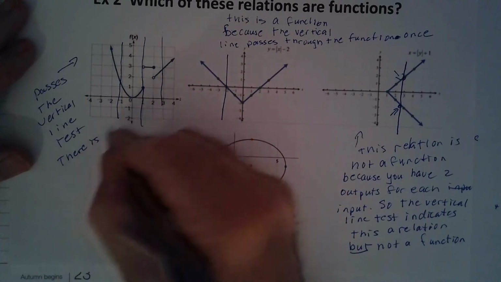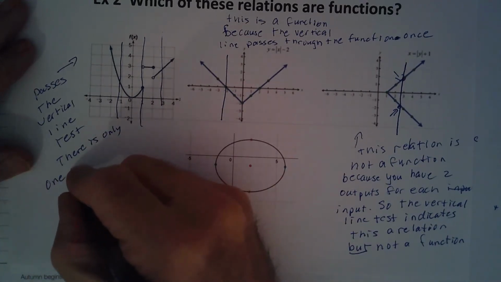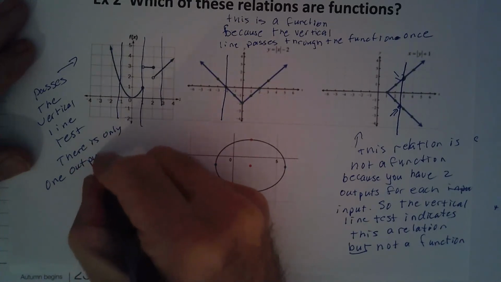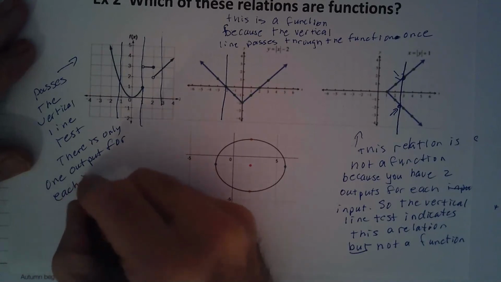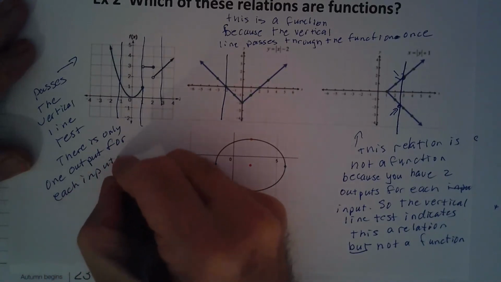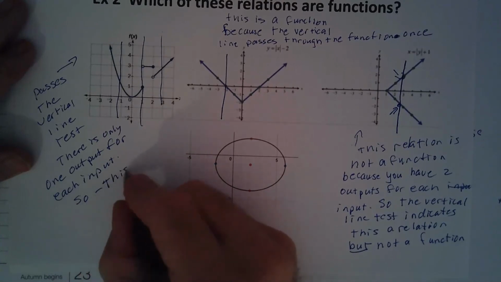There is only one output for each input. So the conclusion is that this relation is a function.